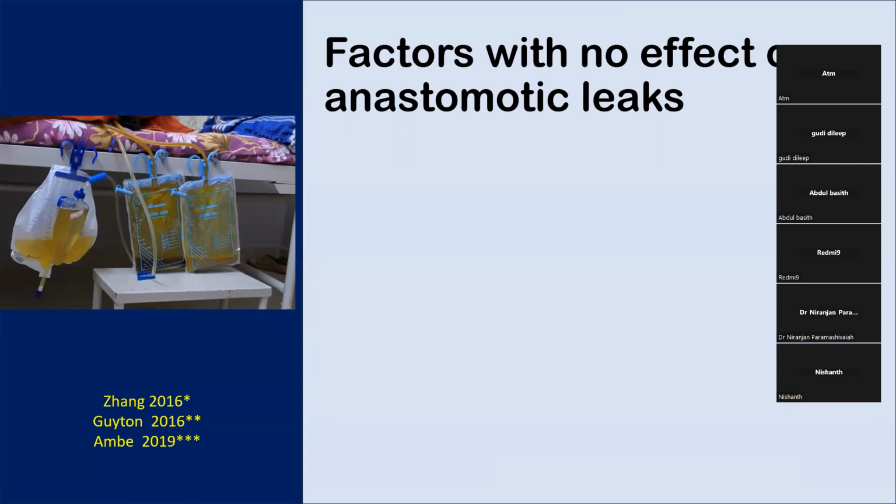Let me make it even more simple for you. What are the things that you do before you do an anastomosis? Let's look at colonic anastomosis. Sir, basically the type of suturing, sir. Nishant has given the answer.